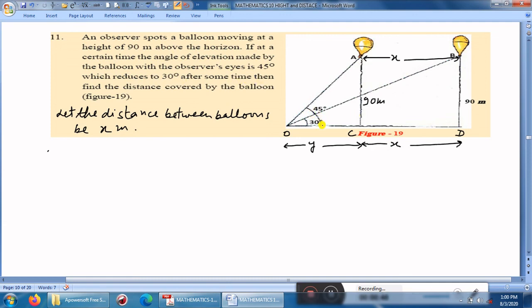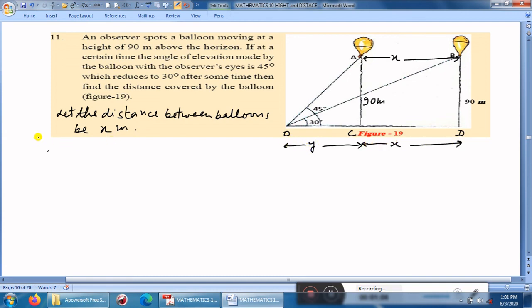It is first 45, then reduced to 30 degrees. So it is going forward, far away from the observer. Find the distance covered by the balloon. This distance covered by the balloon is x. Let this be y.